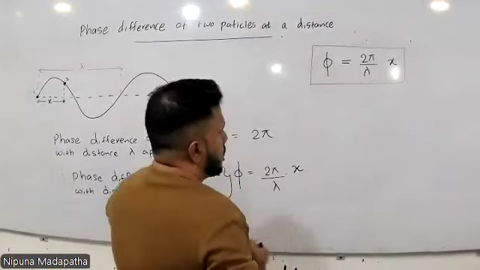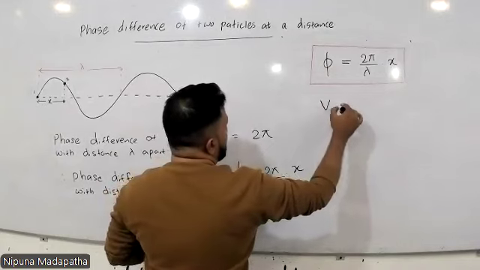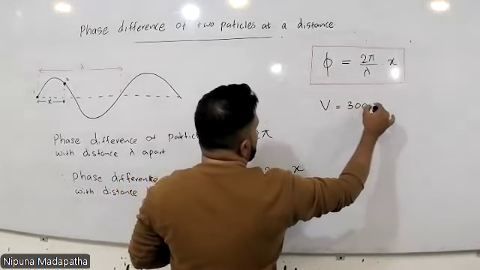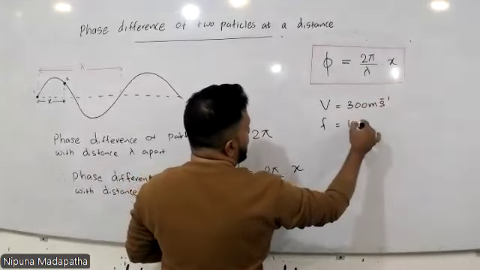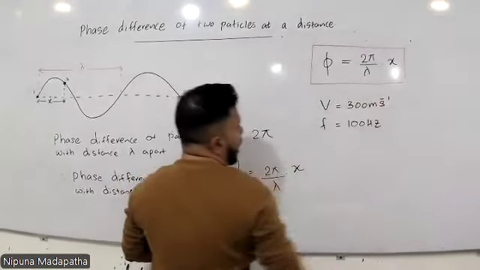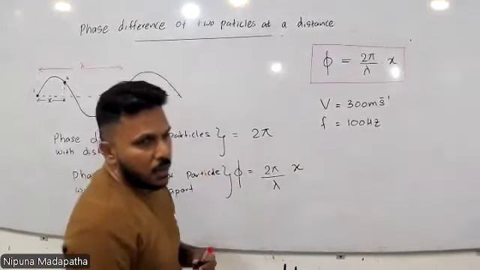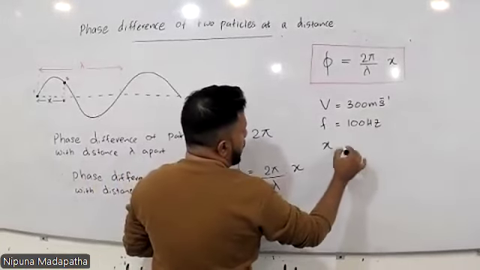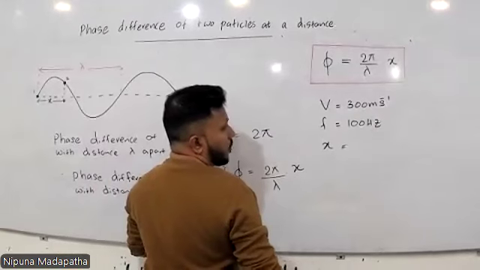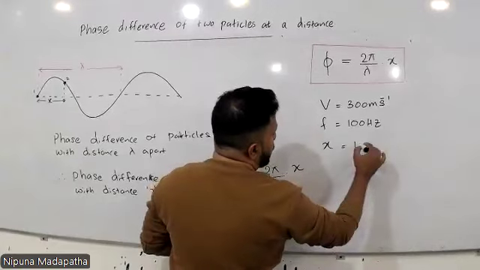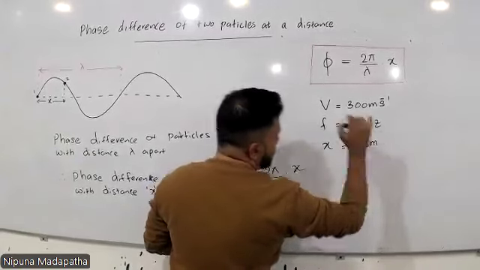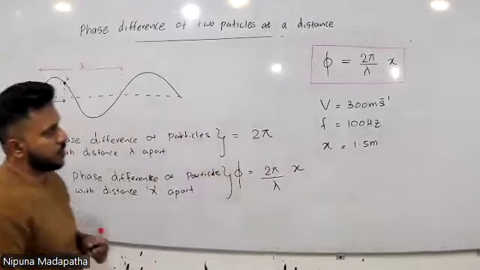Suppose we have a wave of speed 300 meters per second and its frequency is 100 hertz. They ask us to find the phase difference of two particles with a separation of 1.5 meters. How do we get it?